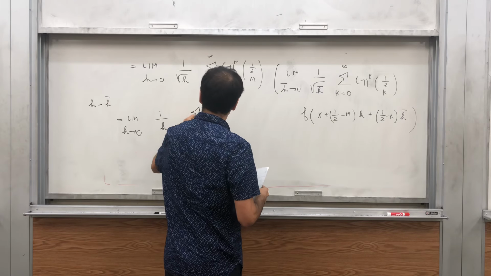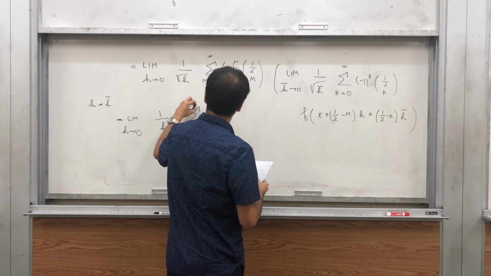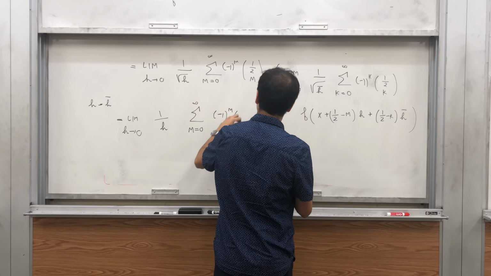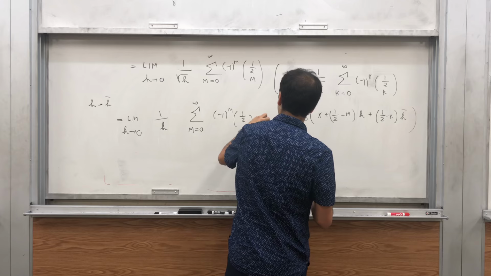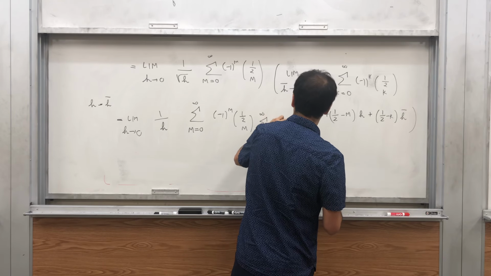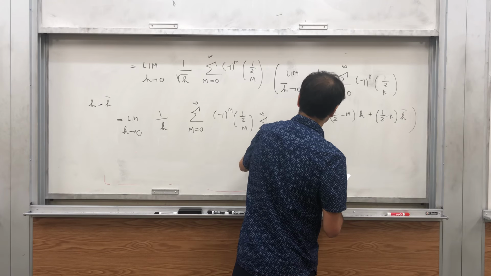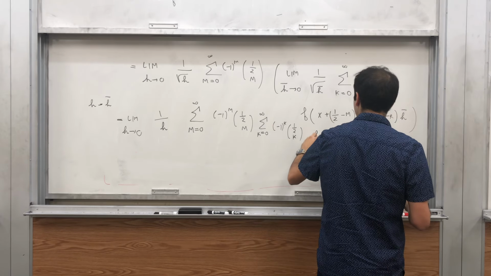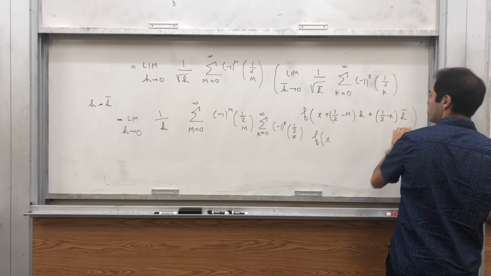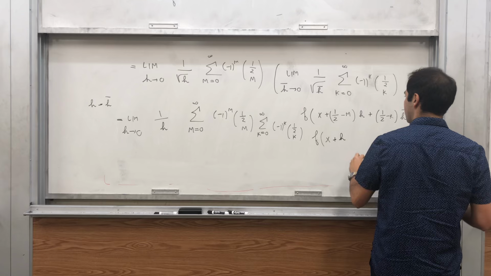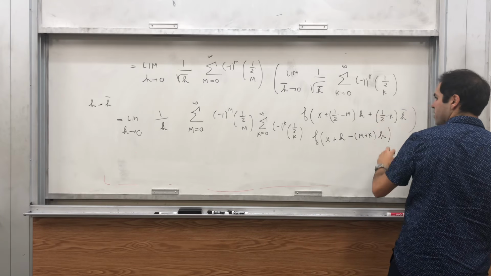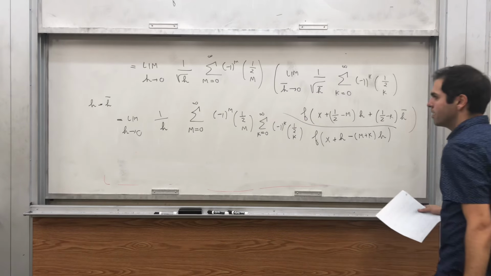which becomes 1 over h, just like what we want for the derivative. Then we have sum m equals 0 to infinity of (-1)^m, (1/2 choose m), and then sum k from 0 to infinity, (-1)^k, (1/2 choose k), and then f of x plus 1/2 h plus 1/2 h, which is x plus h, and then minus (m plus k) h. Sorry about that.